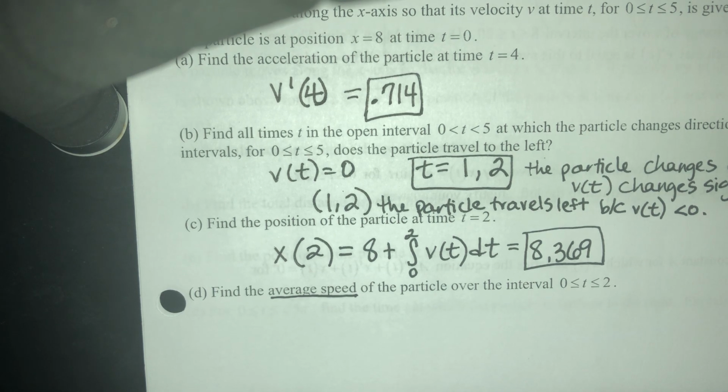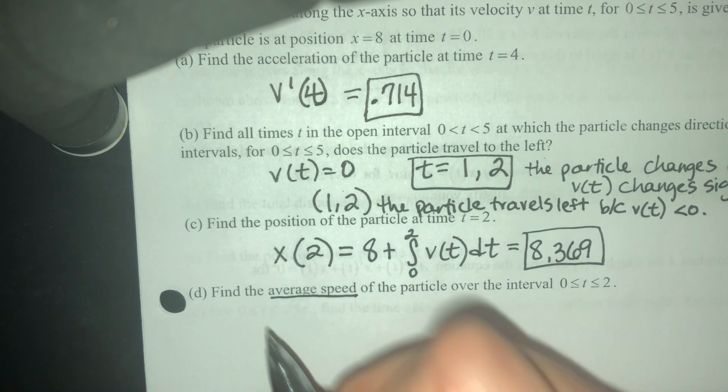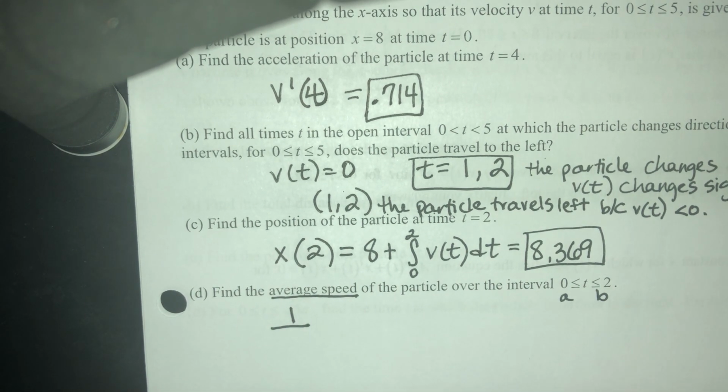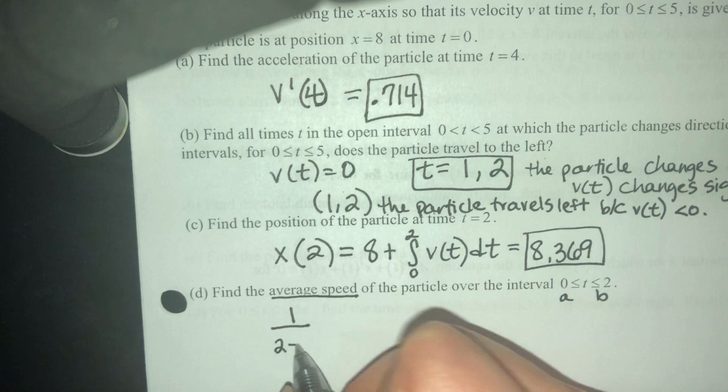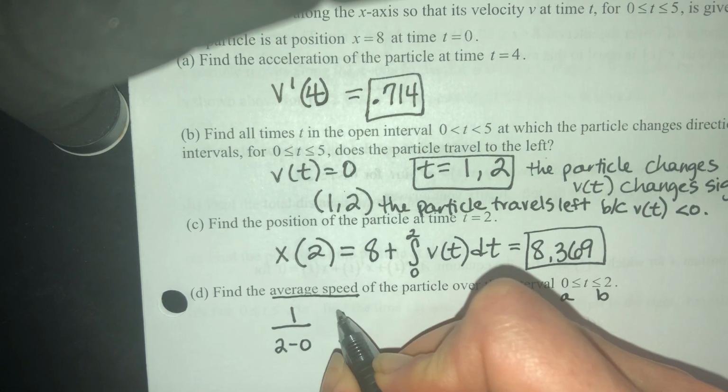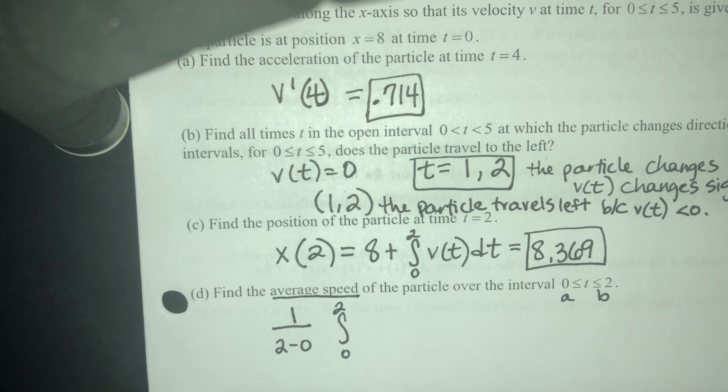This says average speed, so this is an average value formula. Hopefully you have that formula well memorized now. It's 1 over b minus a. This is a, this is b in the time intervals, so it's 1 over 2 minus 0 times the integral from a to b, so 0 to 2, of whatever function it is you're trying to find the average of.